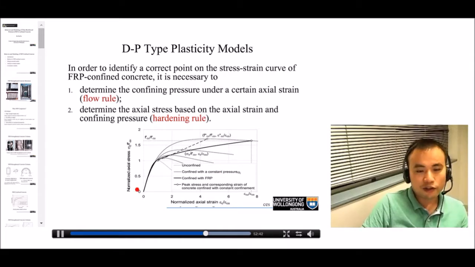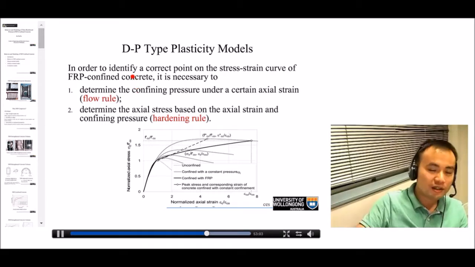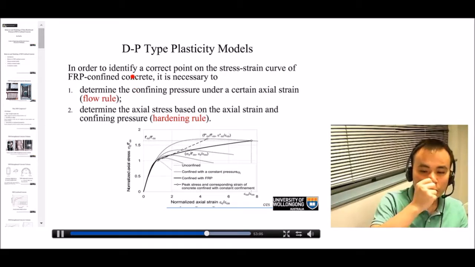If we look again at this figure, finding the axial stress based on the axial strain and confining pressure only solves the problem of actively confined concrete. And this is the hardening rule. To get the confining pressure right in the first place, you need to predict the lateral expansion of concrete correctly first.